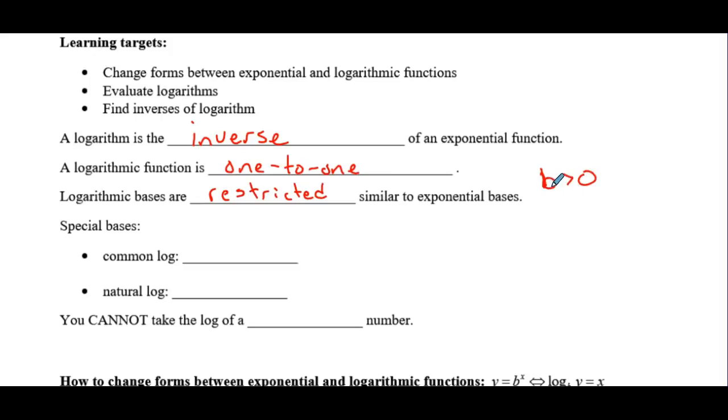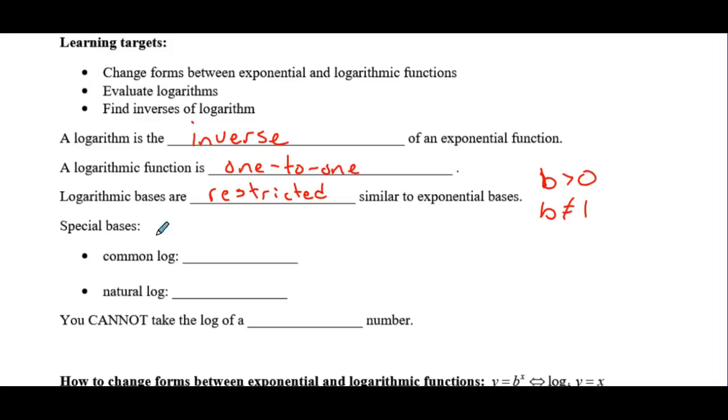It can't be a negative base, it can't have -1 or -2 or -3, so it has to be greater than 0. And then there's one more restriction, that the base cannot be equal to 1. So those are our restricted bases for logarithms, which are the same as the restricted bases for exponentials.